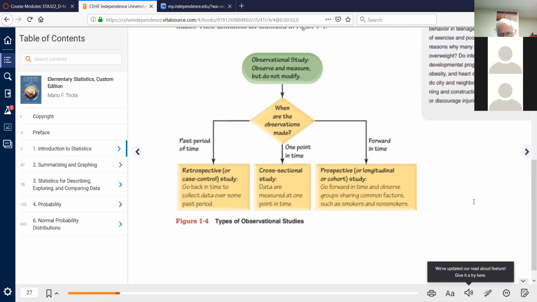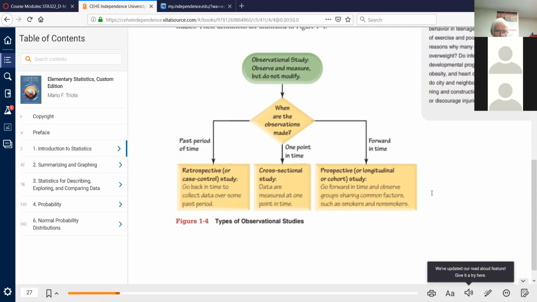Going back and looking at, say, population growth and population dynamics, looking at an area, what has been the population dynamics of, say, the southeastern United States over the last 100 years.